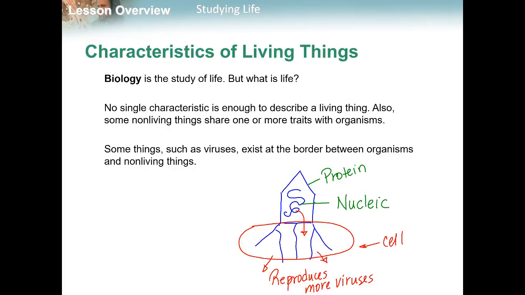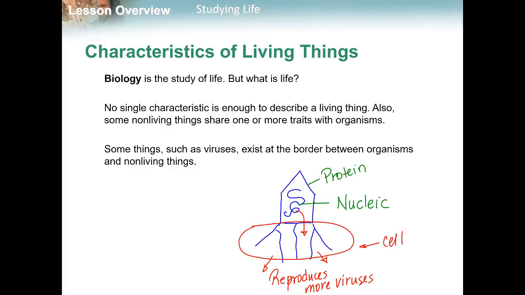But the way it reproduces is it requires a living cell. What will happen is this protein will literally attach itself to a living cell and inject this nucleic acid into the cell. Then when the cell gets ready to reproduce, it copies this genetic information and produces more viruses.